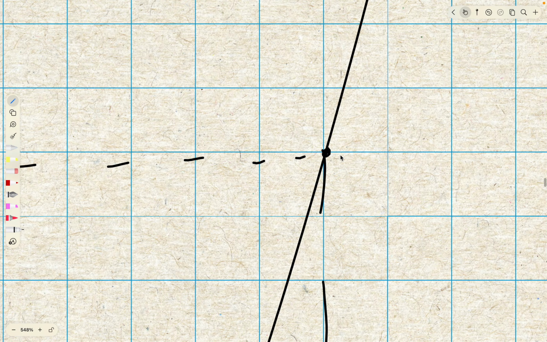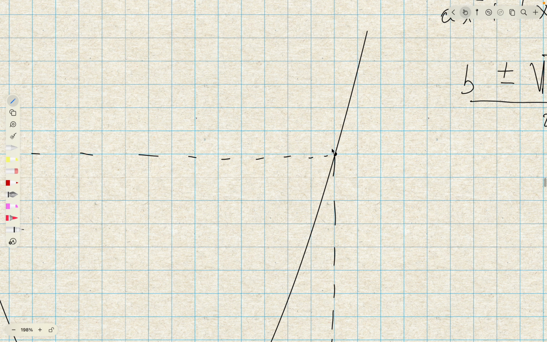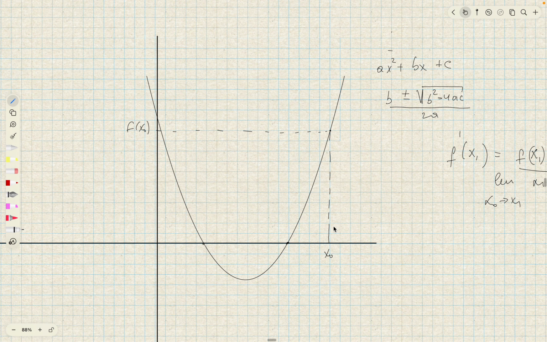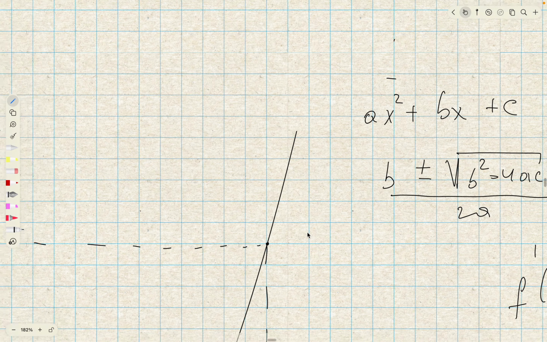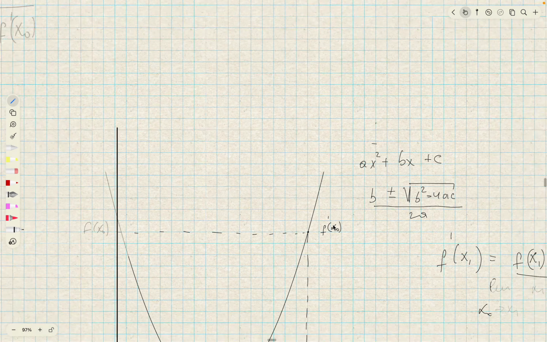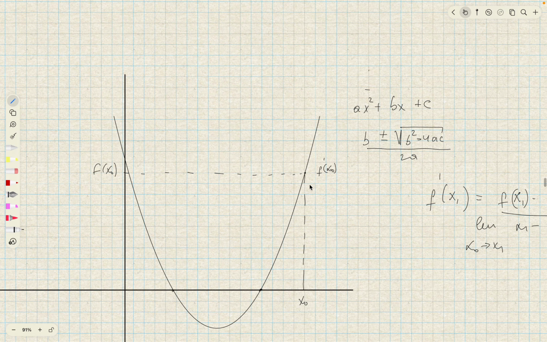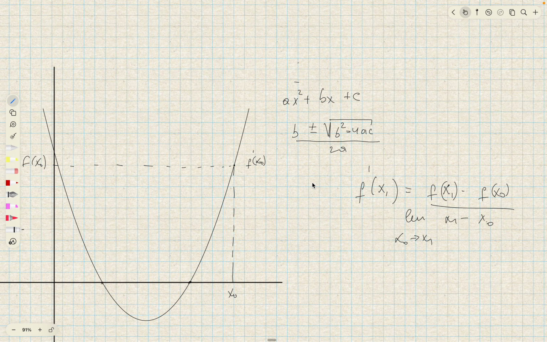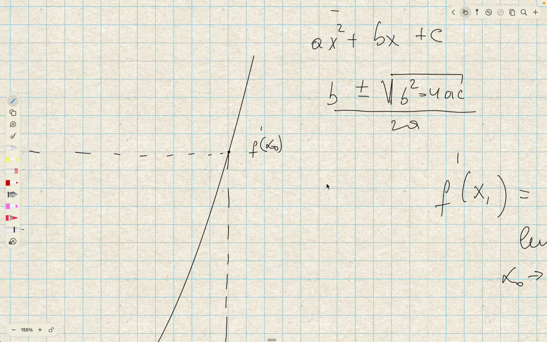So this is the slope of that function at the point x0. The derivative at x0 is the slope of that function at that point. And let's try to do something.